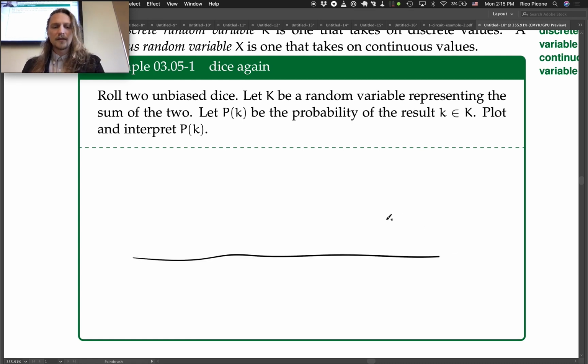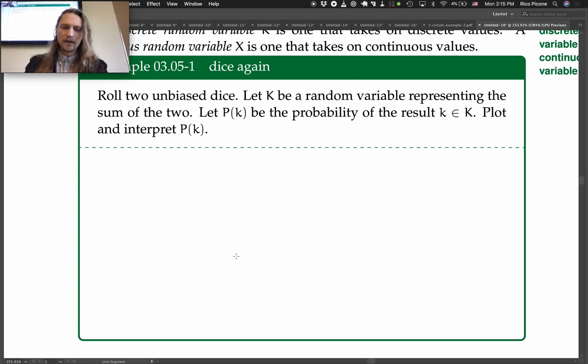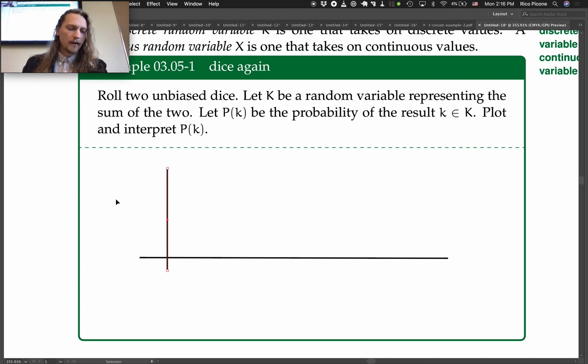My ability to draw a straight line is much inhibited right now due to a strange thing going on in the software. So let's draw some axes. Let p of k be here, and let k, the little individual outcome, be here.